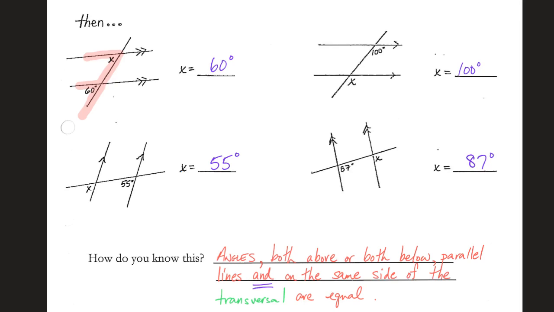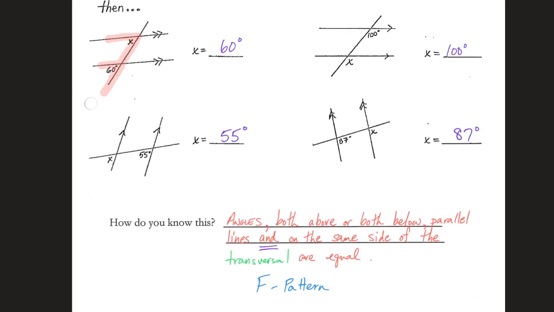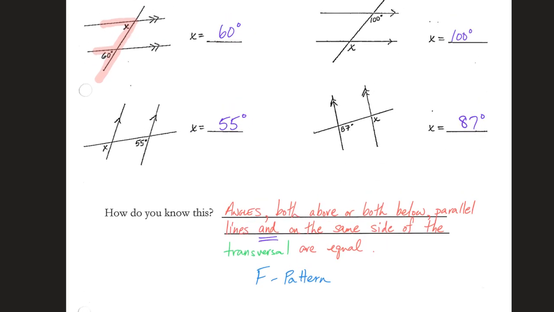Some of you might now remember why we often refer to corresponding angles as the F pattern. You can maybe see your backwards F. I'm going to do the same thing on the remaining three diagrams. Both my angles are below the parallel lines, and to the right of the transversal, then we can clearly see an F in that second diagram.